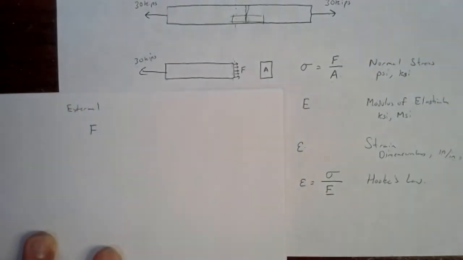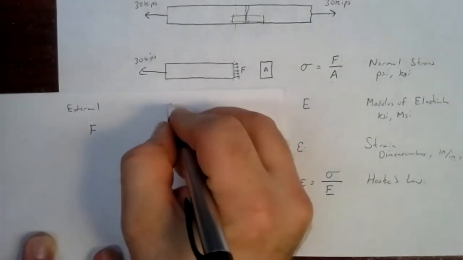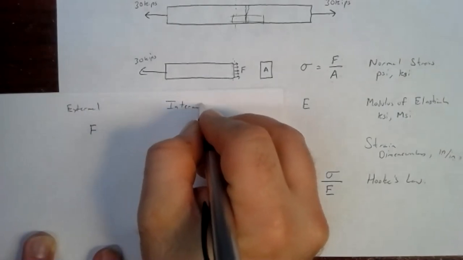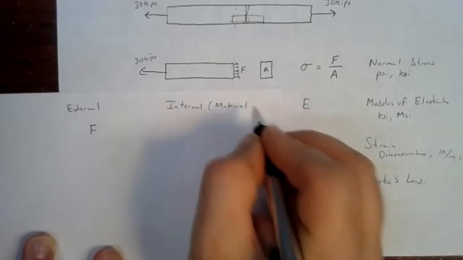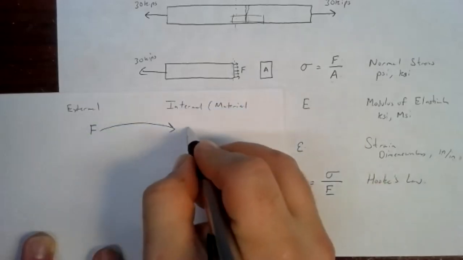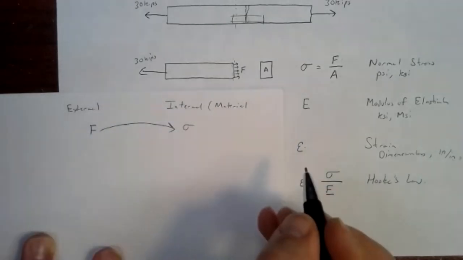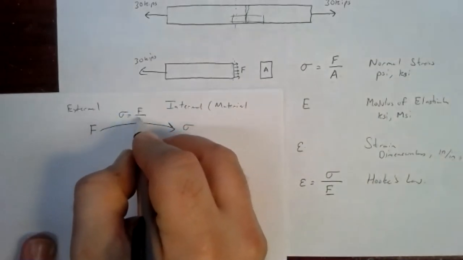It's something we see from the outside. To get into the internal response, what happens inside the material? So that's internal or the material. To jump into the material, we have to turn the force into a stress. And the way we turn a force into a stress is by using the definition of stress. Stress is force divided by area.